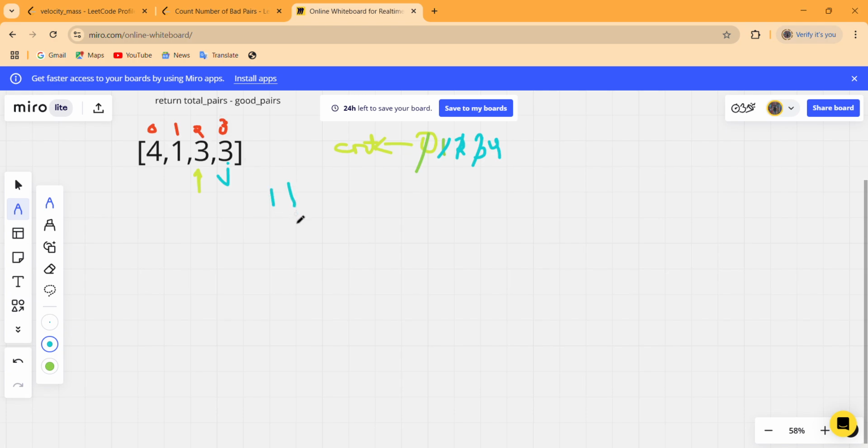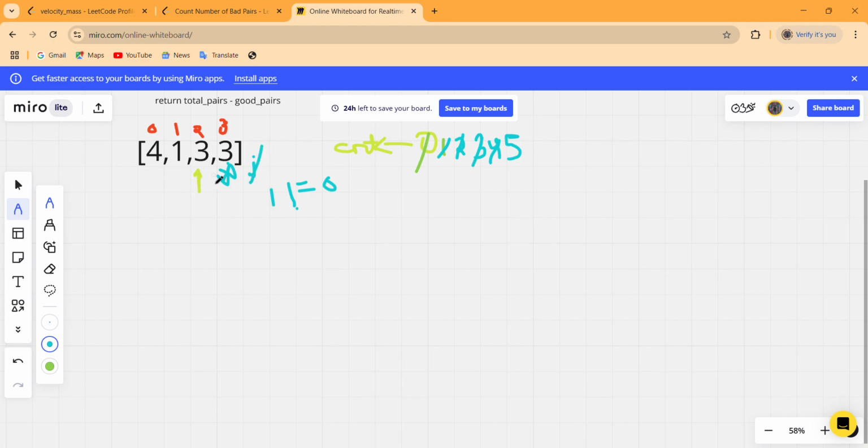If this 1 is not equal to this 3 minus 3, that is 0. Yes, this 1 is not equal to 0, so cnt will increase to 5, and j will move to the next index, and the inner j loop will terminate.